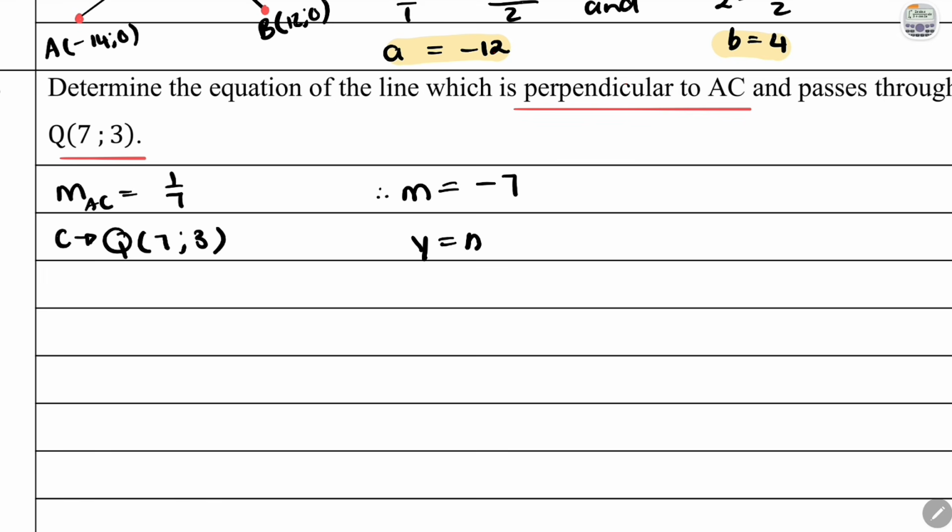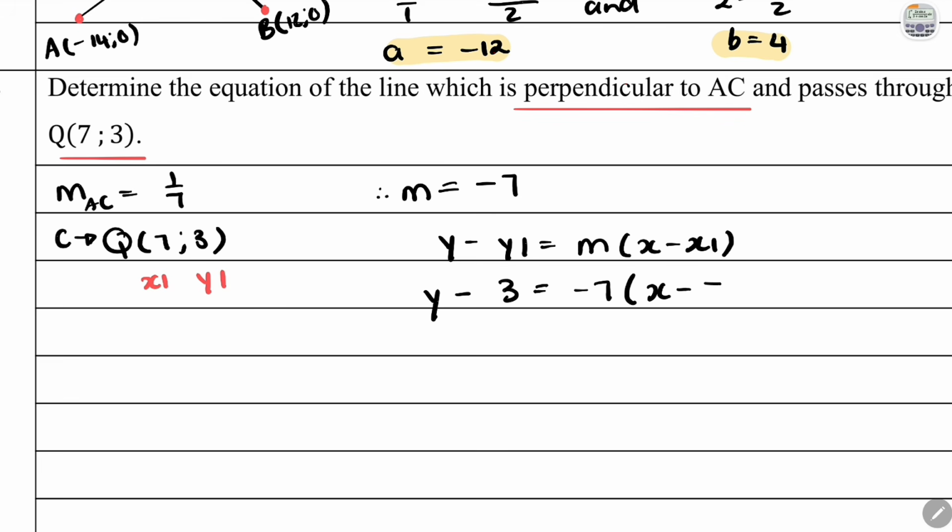So we can either use y equals mx plus c to find this, or y minus y1 equals the gradient times x minus x1. Okay, so y minus, now that's x1, that's y1, since it lies on this particular line, which is perpendicular to AC. And we're saying y minus 3 equals, and we have -7 times x, and the x value is 7.